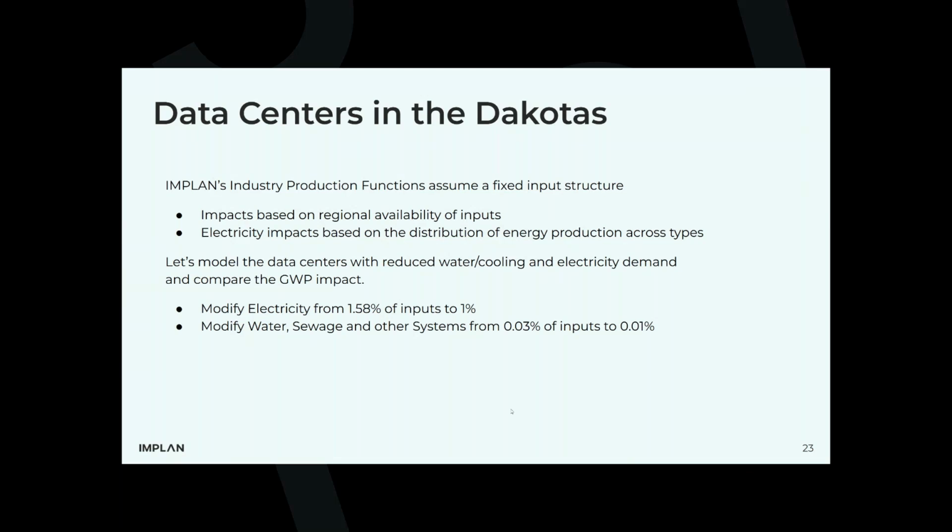So what we're going to do next to take this analysis a step further is to actually model the data center with reduced water and cooling and electricity demand and compare that global warming potential impact. So we're going to modify the inputs of electricity from 1.5% to 1%, and we're going to modify the input purchase of water, sewage, and other systems from 0.03% to 0.01%.